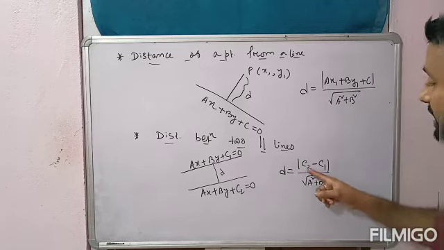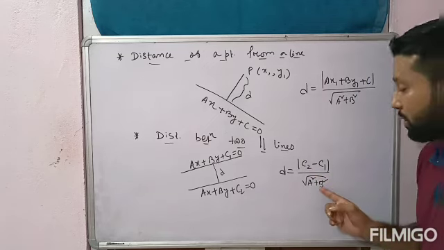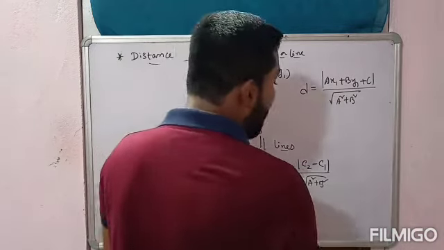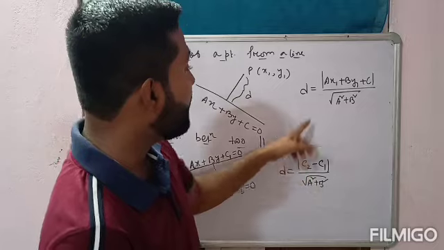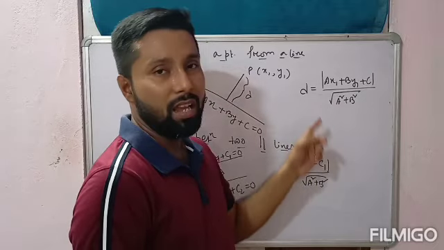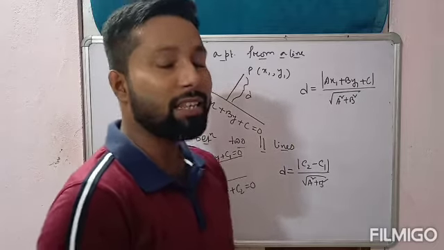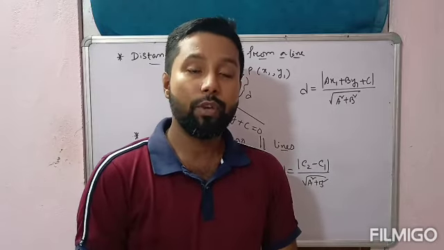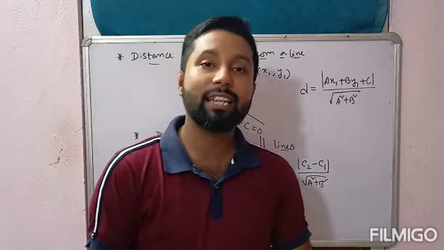So the formula is modulus of c2 minus c1 by root over a square plus b square. This is the distance between the two parallel lines. Don't forget to give this modulus sign. Whenever you are asked to find the length or distance, don't forget the modulus, because we all know that length or distance cannot be negative, right?